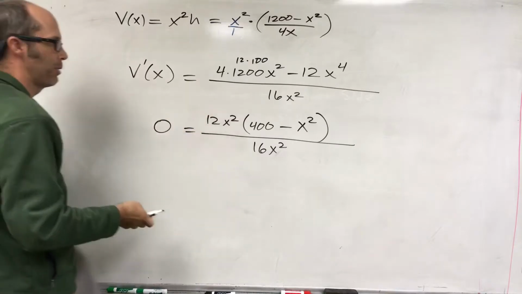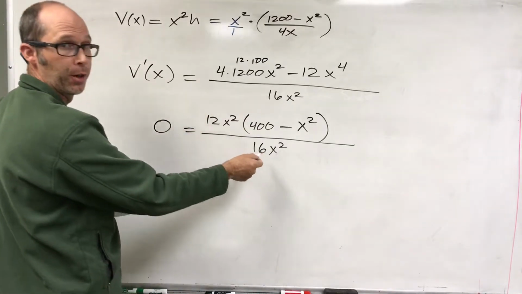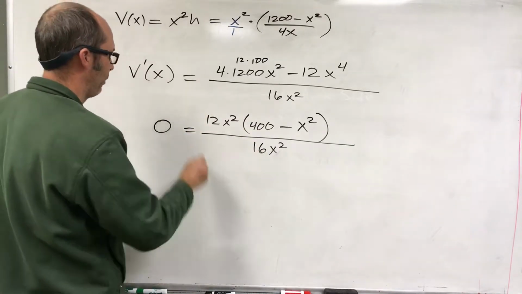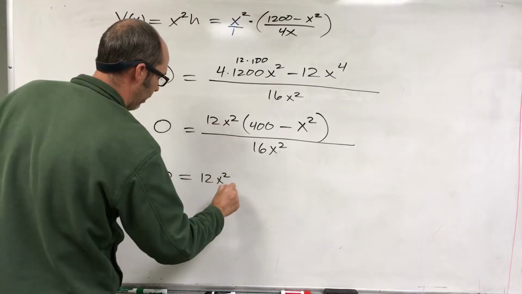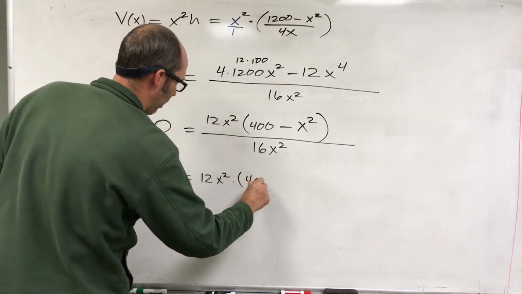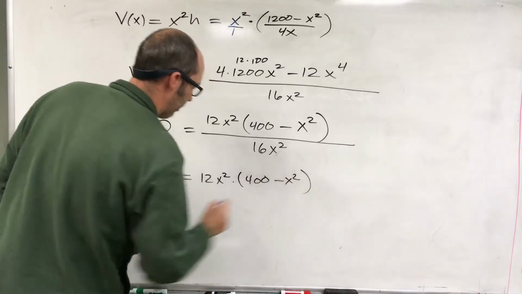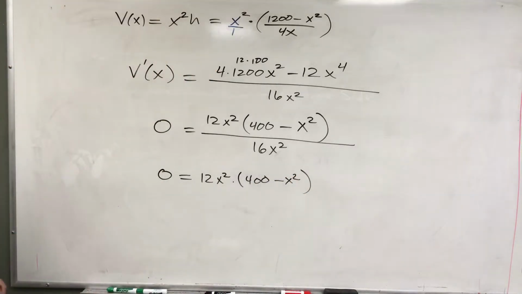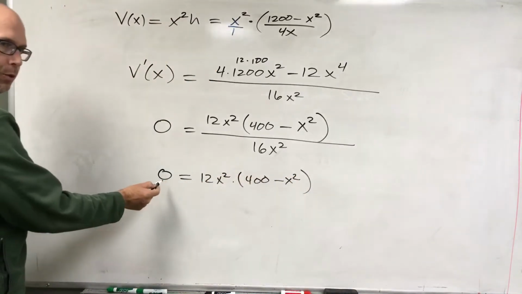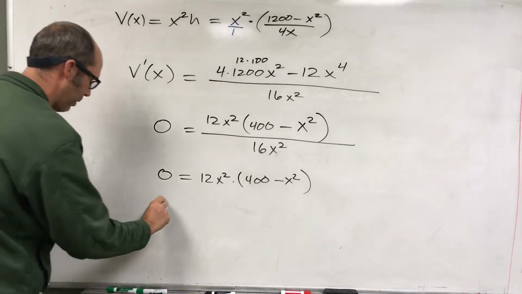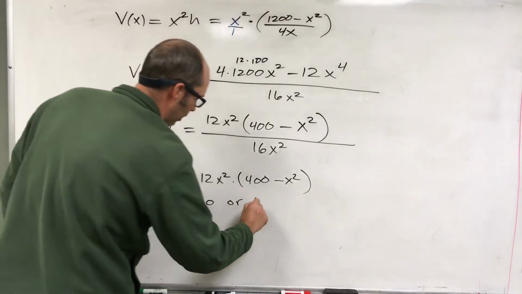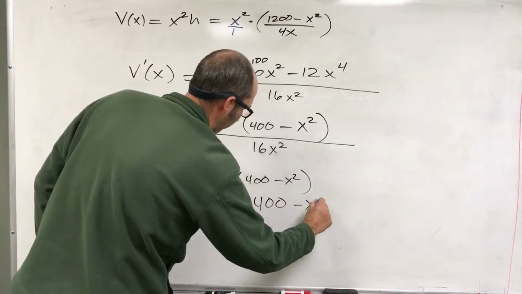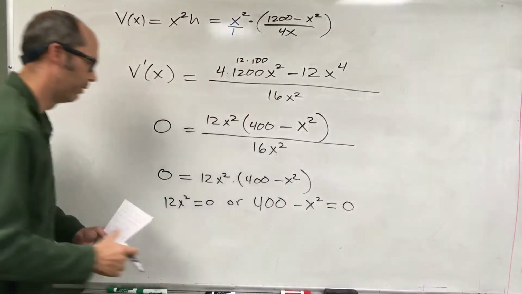That means the top has to be 0, because fractions aren't defined with a 0 denominator, so we must have 0 equals 12x squared times 400 minus x squared. Two things multiply to give you 0, so one of them has to be 0. We know 12x squared equals 0, or 400 minus x squared equals 0.